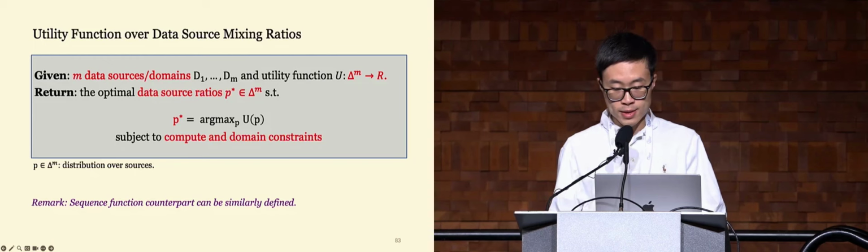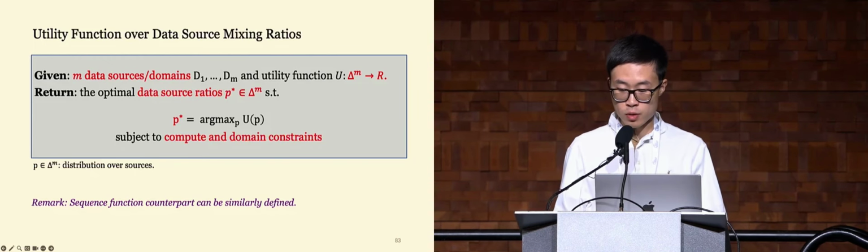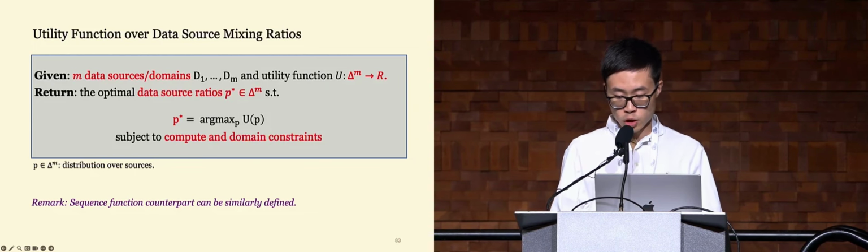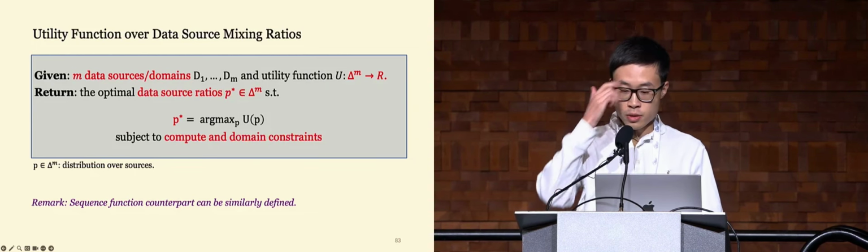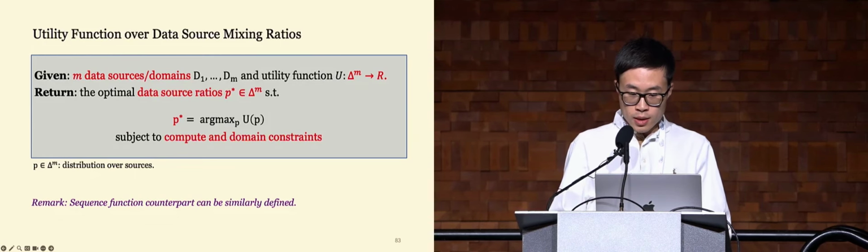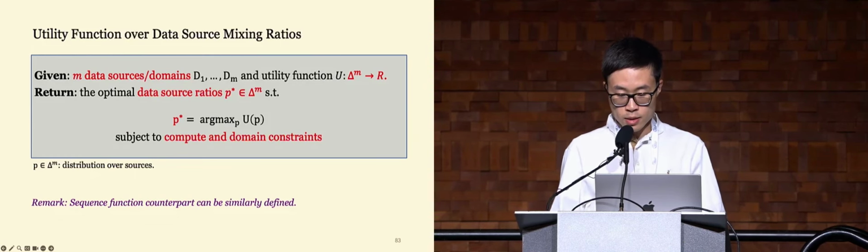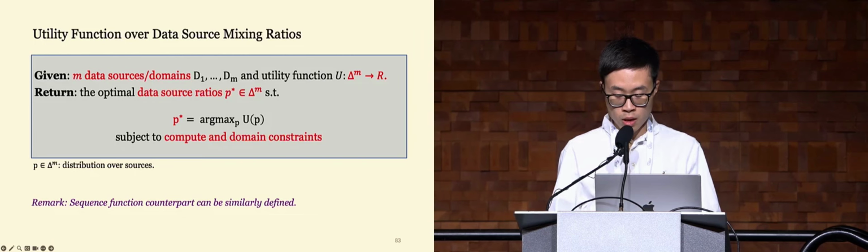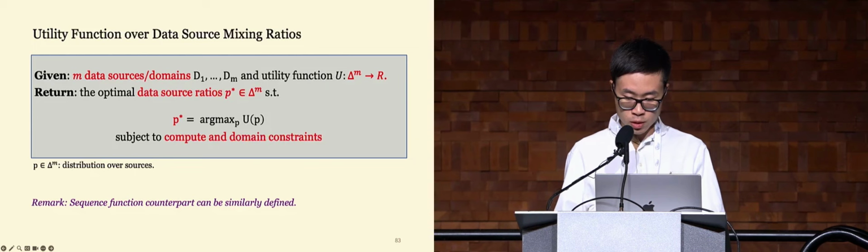So if we switch to data source level selection, then we can significantly reduce the decision space. For data selection over the data source space, instead of making hard selection decisions, the literature usually reformulates the problem as finding the optimal probability distribution over our data sources.